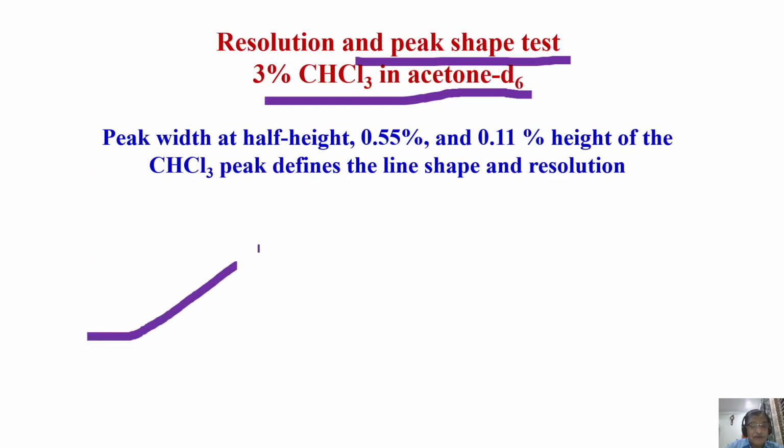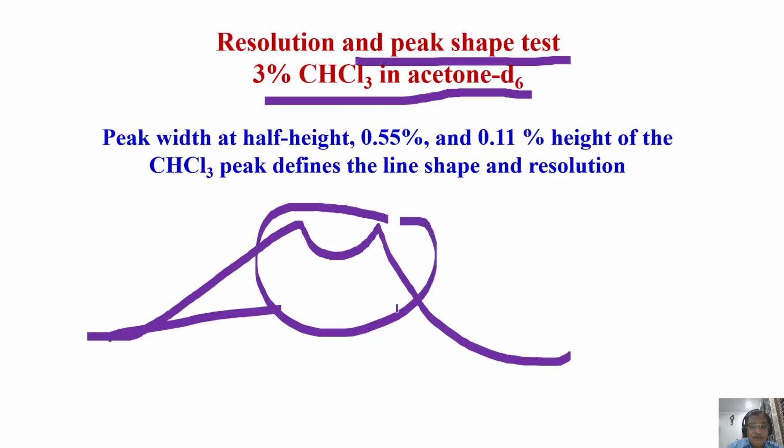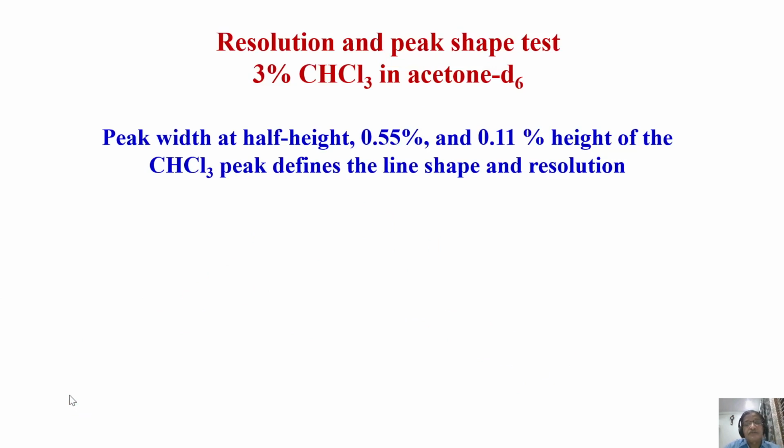If I get a peak like this, you may resolve the peaks, but you see the shape, that's not good. So you must optimize the parameters such that your resolution is better and your peak shape is proper.